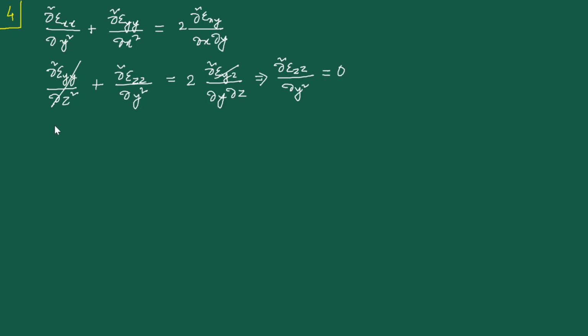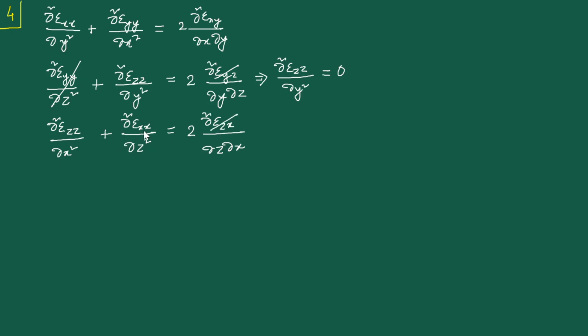The next compatibility equation is del square epsilon zz del x square plus del square epsilon xx del z square is equal to twice del square epsilon zx del z del x. Again, we have already seen that epsilon zx is 0.